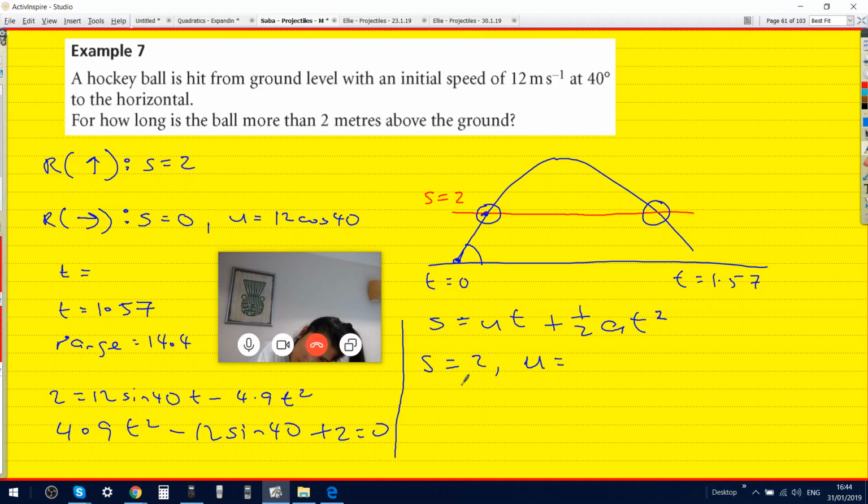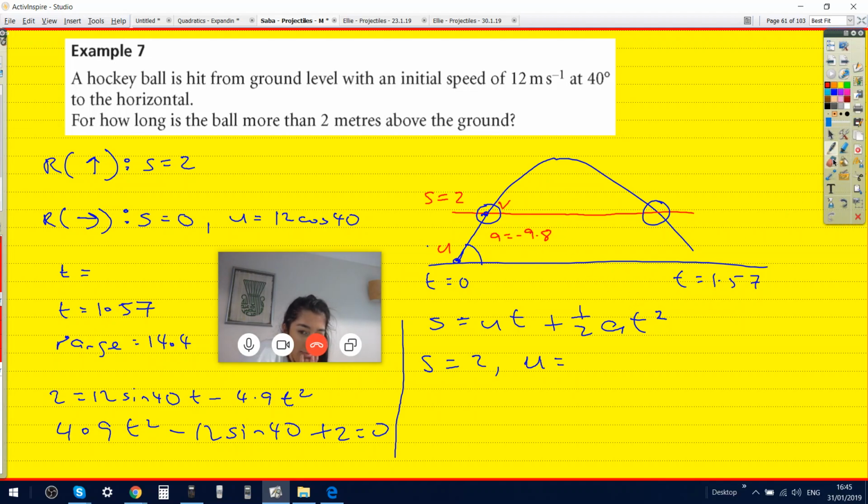Well, we need some kind of formula to connect these. So that could be u, which we have. That could be v. A is always minus 9.8. What are the other two things we can find? S, and S is 2.